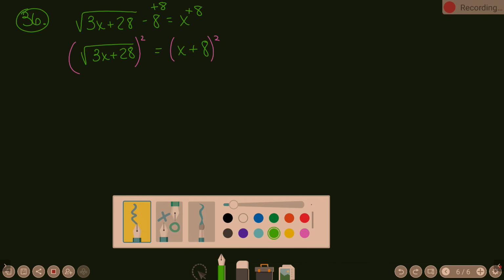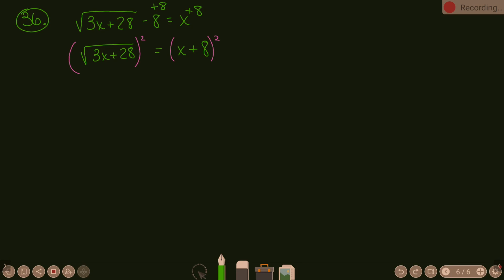On the left, what happens when you square a square root? It cancels. So we're going to have 3x plus 28. On the right, what about x plus 8 quantity squared?